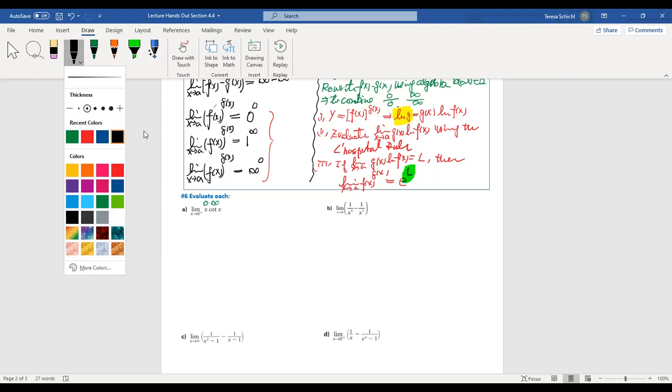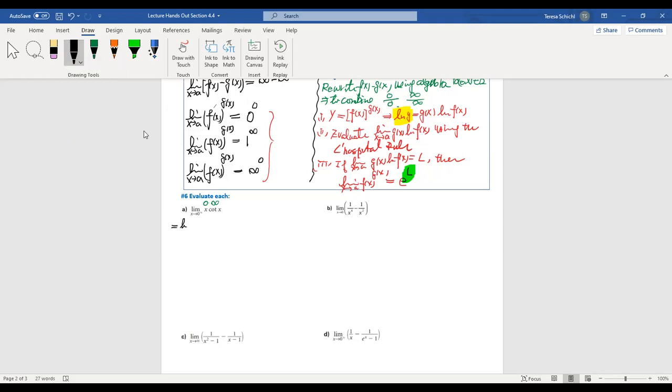So I can say this is the limit as x approaches 0, x over 1 over cotangent. Since I can flip the cotangent, 1 over cotangent is the tangent.